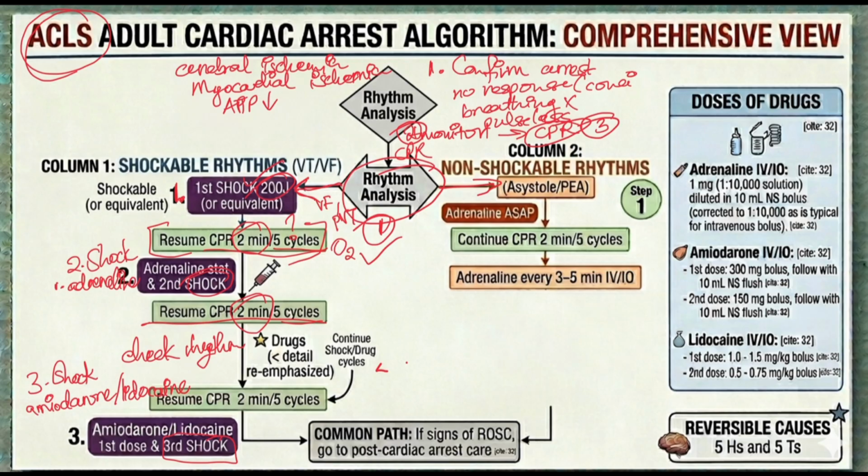The pathway continues: after the shock, resume the CPR. After 2 minutes or 5 cycles of CPR, we check the rhythm again. If it's still shockable, we administer the fourth shock.